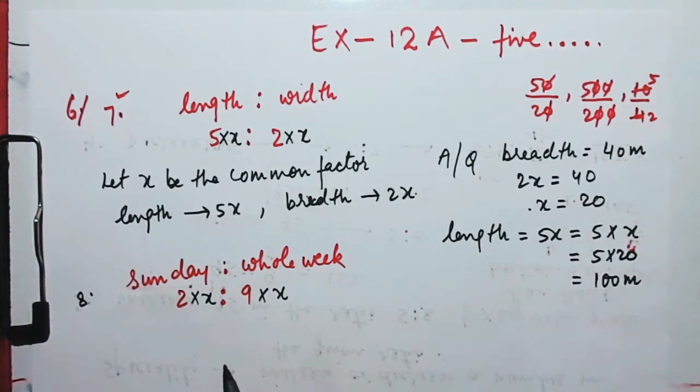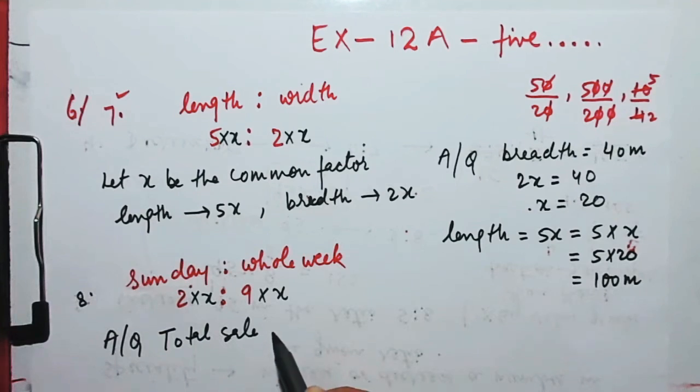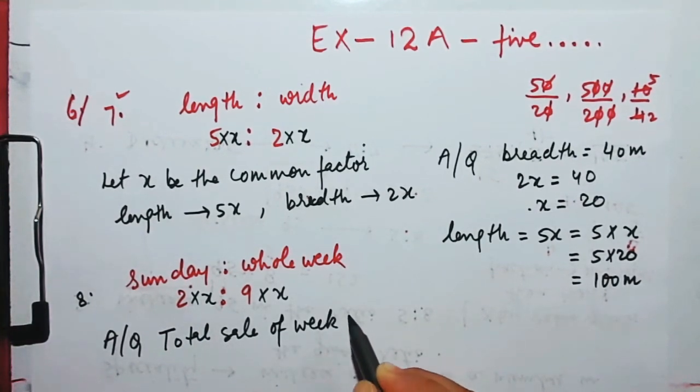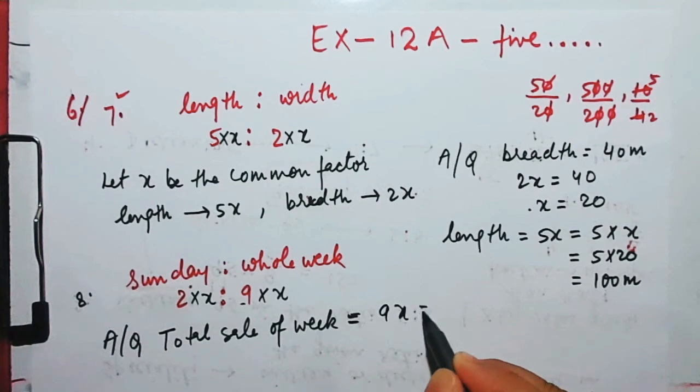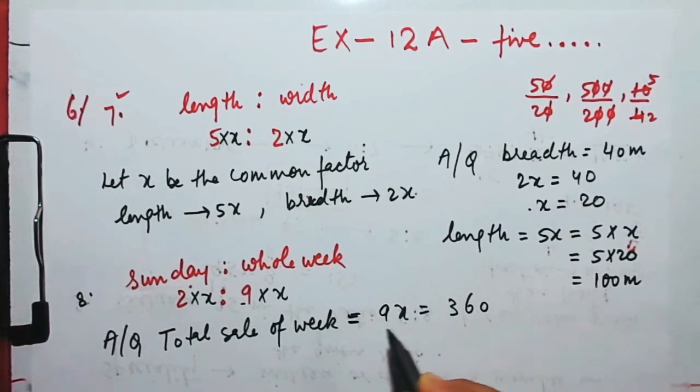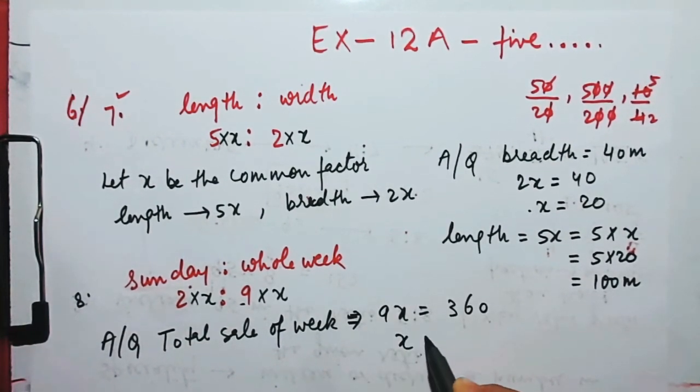If the total sale in the same week was 360, then according to the question, the total sale of the week is equal to 360. Total sale of the week was 9x, so 9x is equal to 360. What will be the value of x?